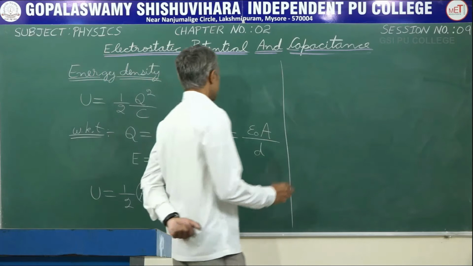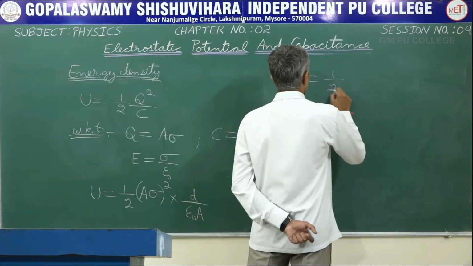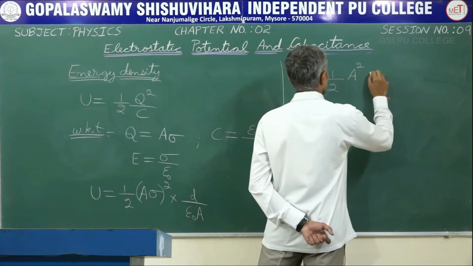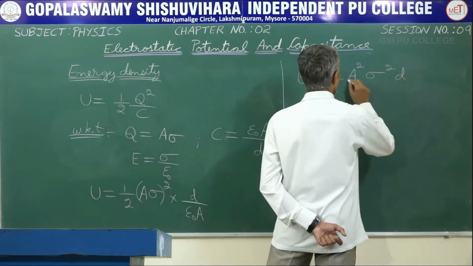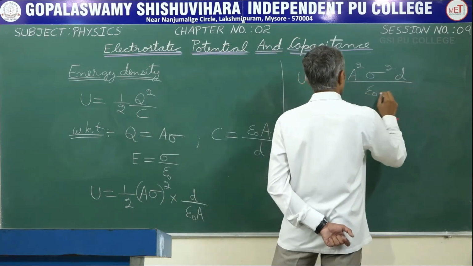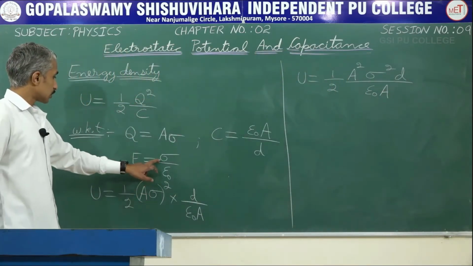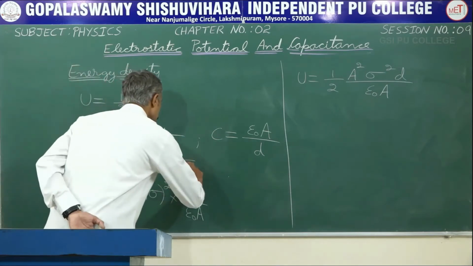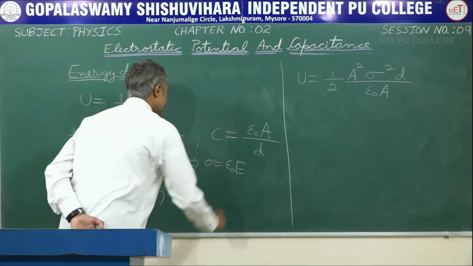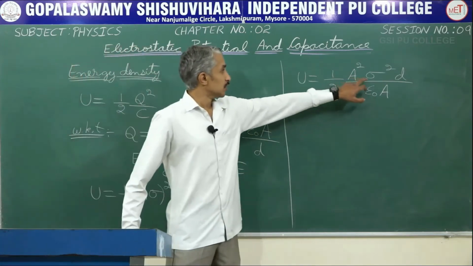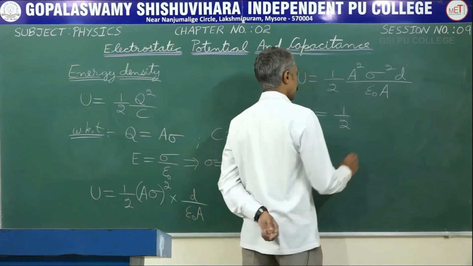Further, I can write this as U is equal to half A square sigma square into D by epsilon naught into A. Here for sigma, if I rearrange the same, I will get sigma is equal to epsilon naught into E. So here in the place of sigma, I can write half.